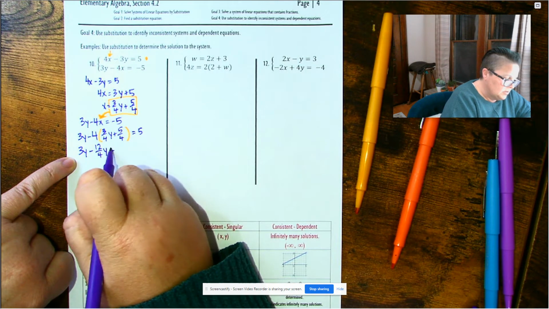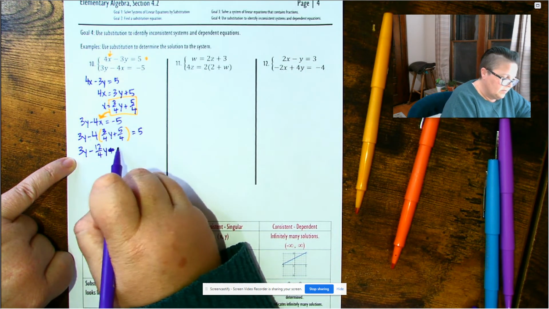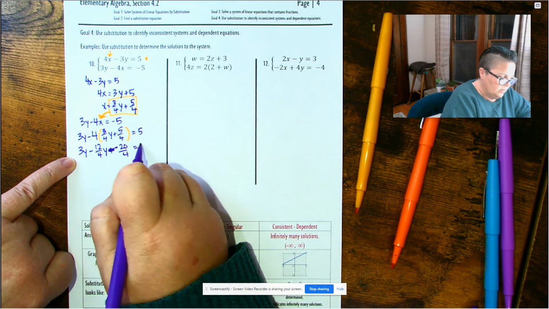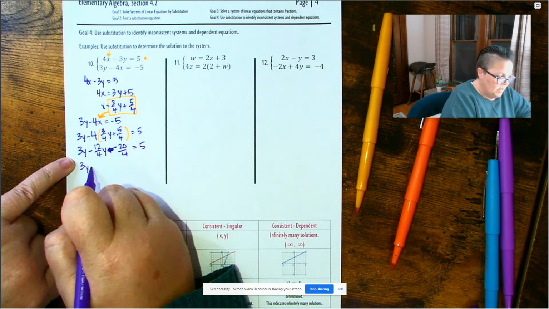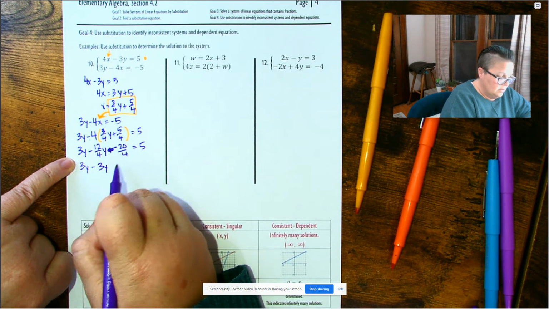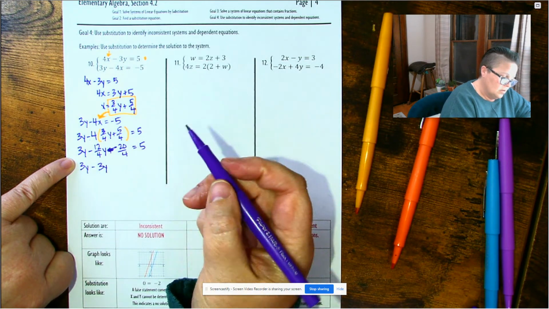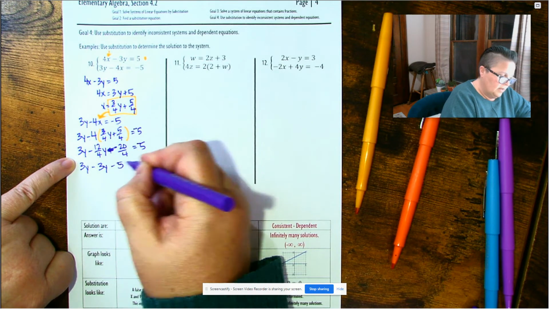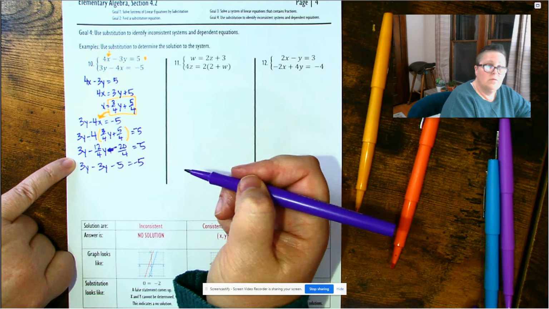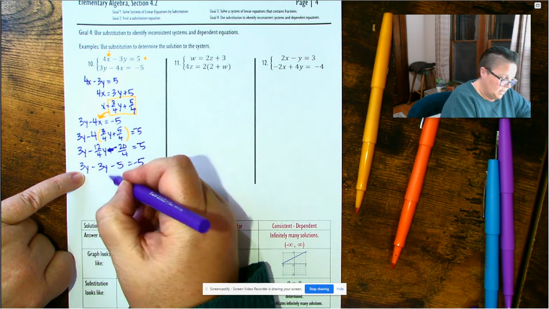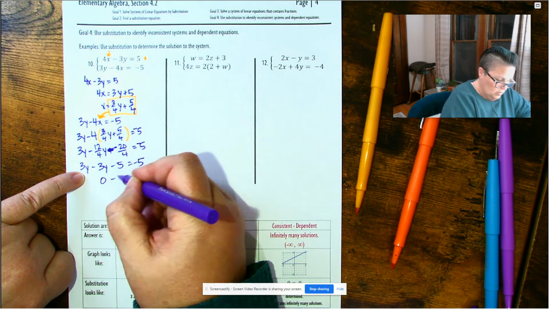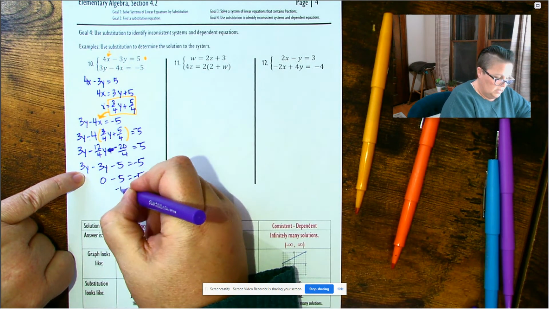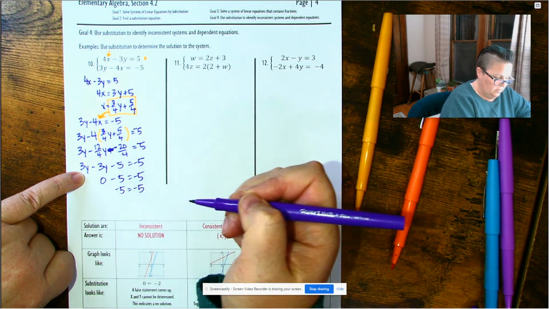Yeah, it's going to be a minus. Negative 4 times 5 is a negative 20, so minus 20 over 4 equals negative 5. So I'm going to get 3y minus 3y. Oh, I lost my negative. There we go. Minus 5 equals a minus 5. 3y minus 3y is 0. Minus 5 equals a negative 5. And I have negative 5 is a negative 5.